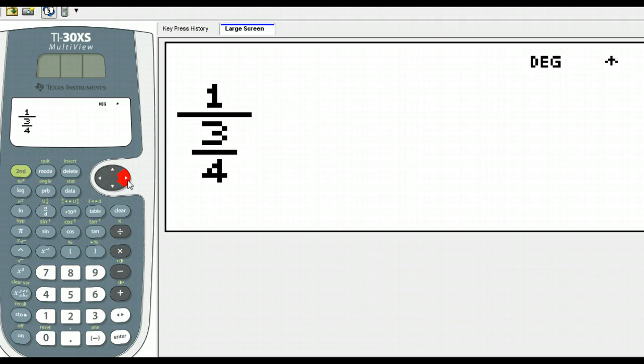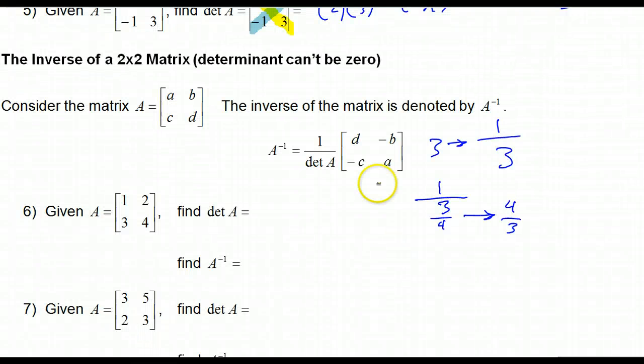If I do 1 over 3/4, I get 4/3. So putting 1 over something causes it to be the reciprocal. Alright, so in a way you could think of this as the reciprocal of the determinant goes in the front.